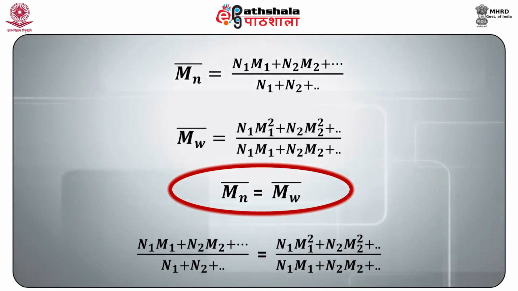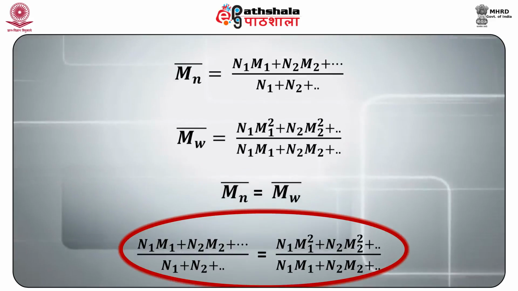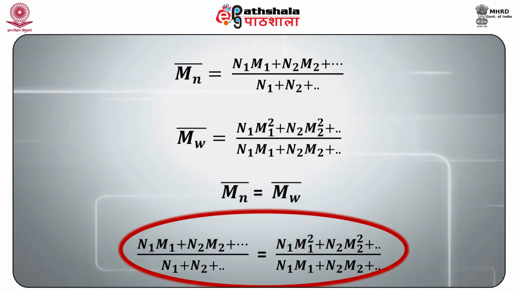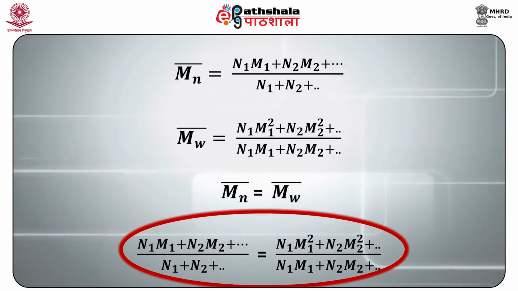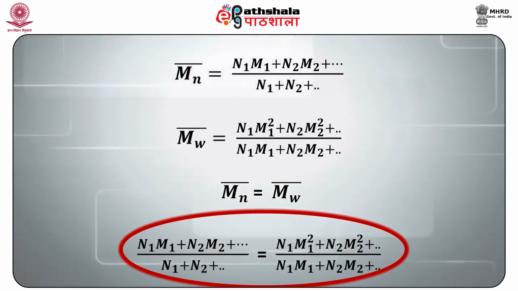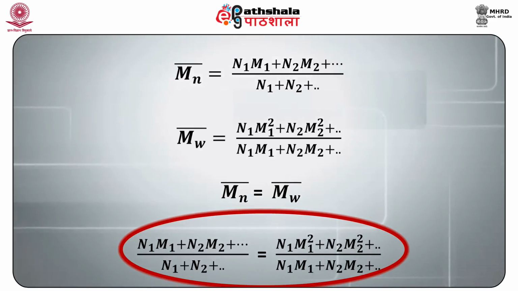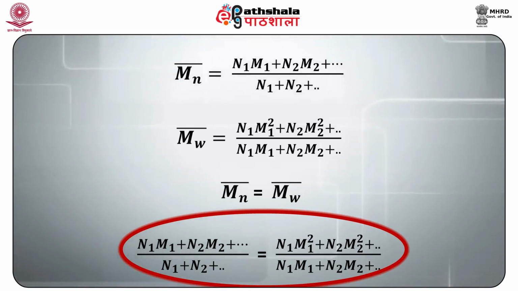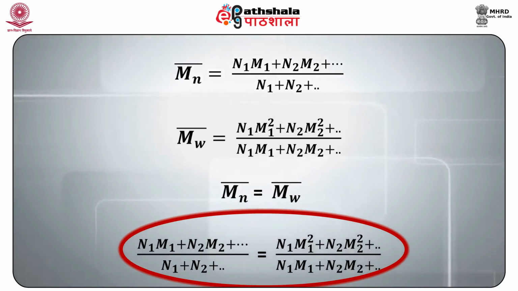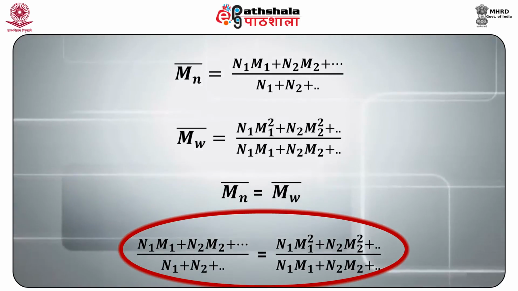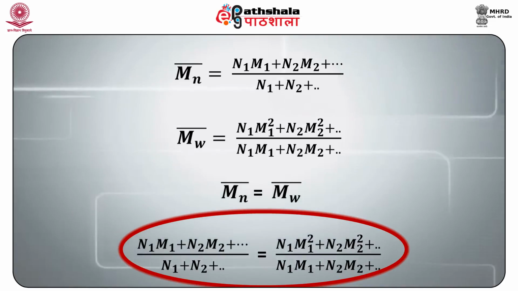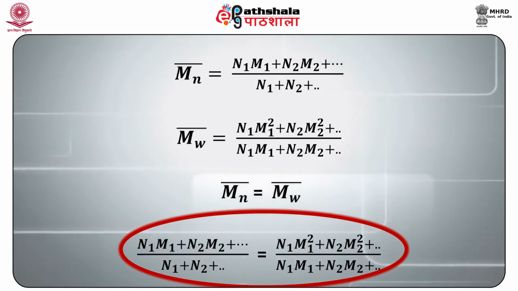If Mn bar equals Mw bar, then N1 M1 plus N2 M2 plus so on, divided by N1 plus N2 plus so on, becomes equal to N1 M1 square plus N2 M2 square plus so on, divided by N1 M1 plus N2 M2 plus so on.